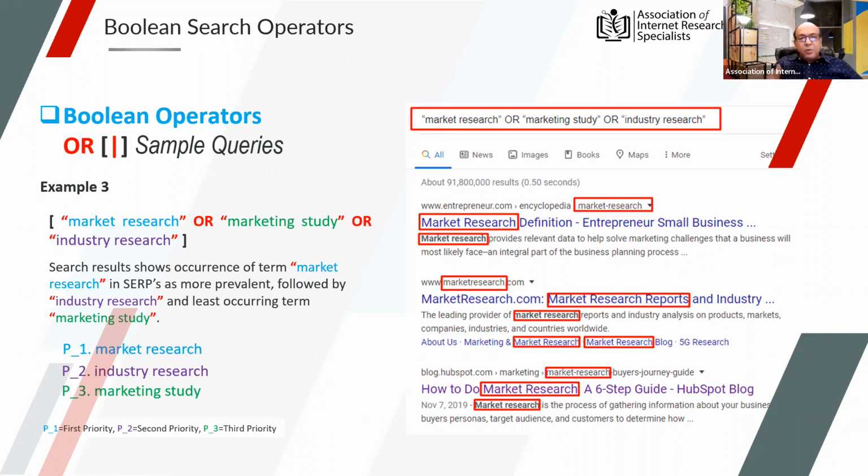So you use OR to give it a command that, let's say, in this one, market research or marketing study or industry research, either of these three would do for you.